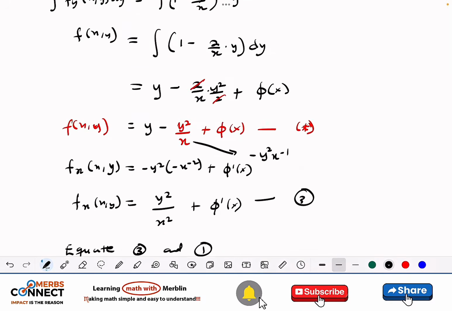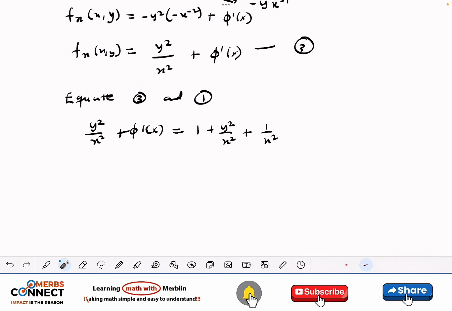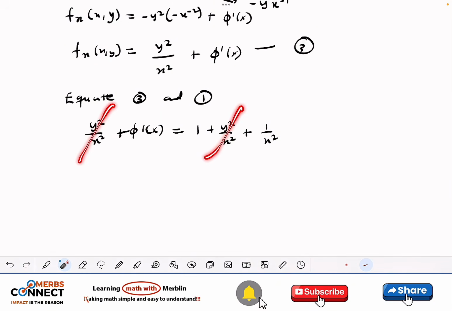Oh, it's supposed to be plus 1 over x squared. So when I move this one to this side, it will cancel this. This will cancel that. So I'm going to have phi prime is equal to 1 plus 1 over x squared, which can be written as x to the power minus 2.